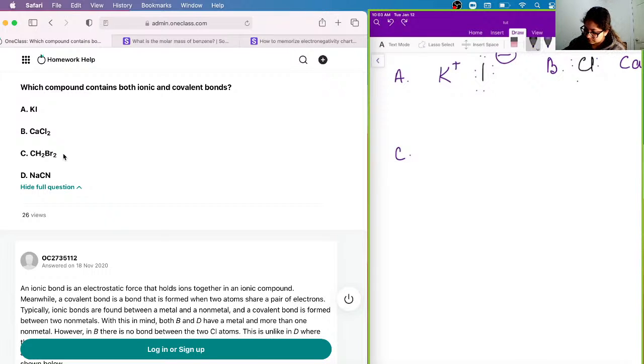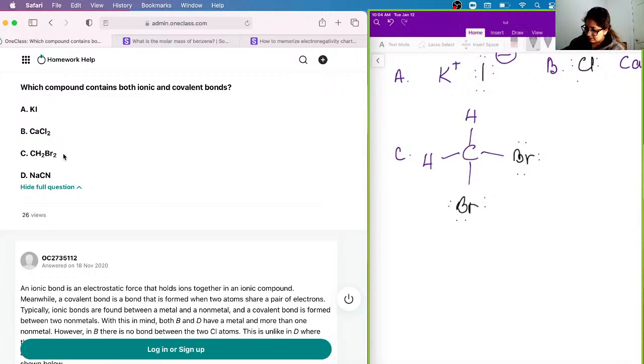I'll draw this out with carbon, a hydrogen here, a hydrogen here, and bromine. That won't be negative in this case because it's bonded, and it has lone pairs.